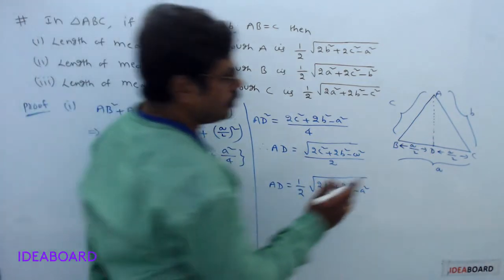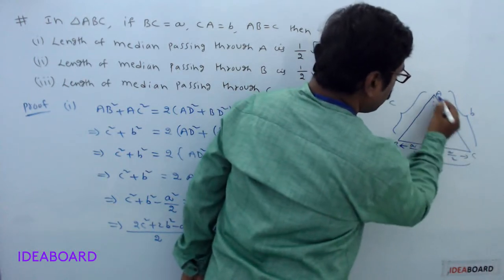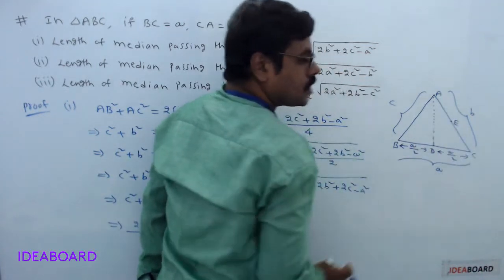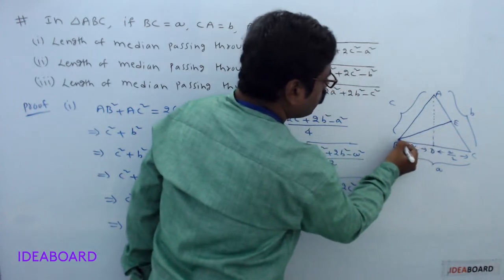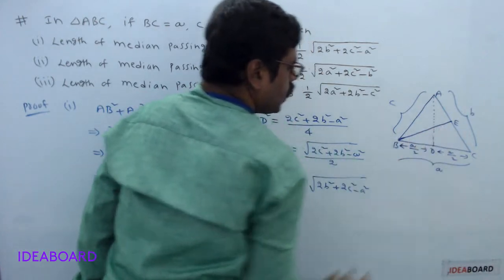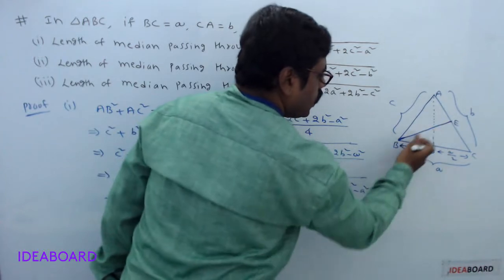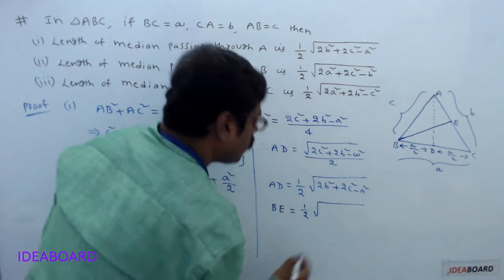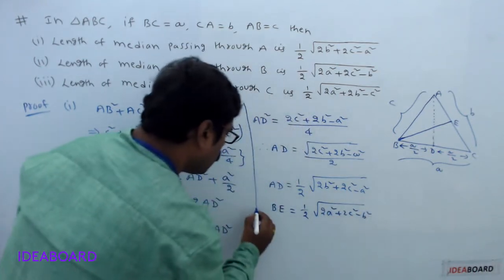Now similarly, if you take the point E as the midpoint of the side AC, then BE is nothing but a median passing through the vertex B. In this case, the length of the median passing through the vertex B is 1 by 2 into square root of 2a square plus 2c square minus b square.